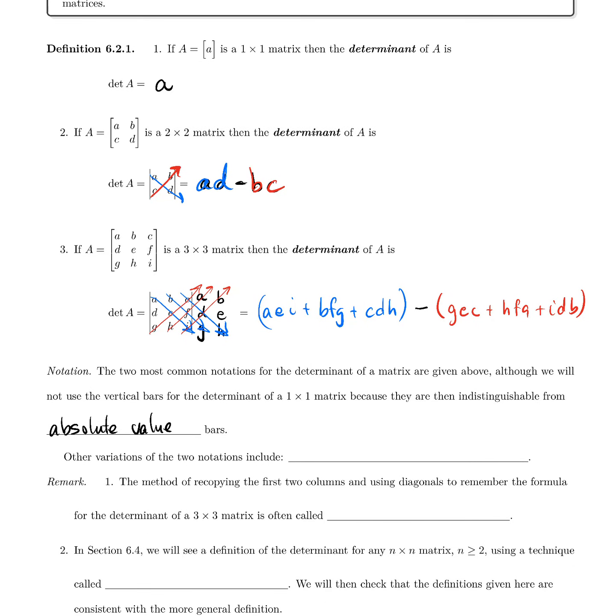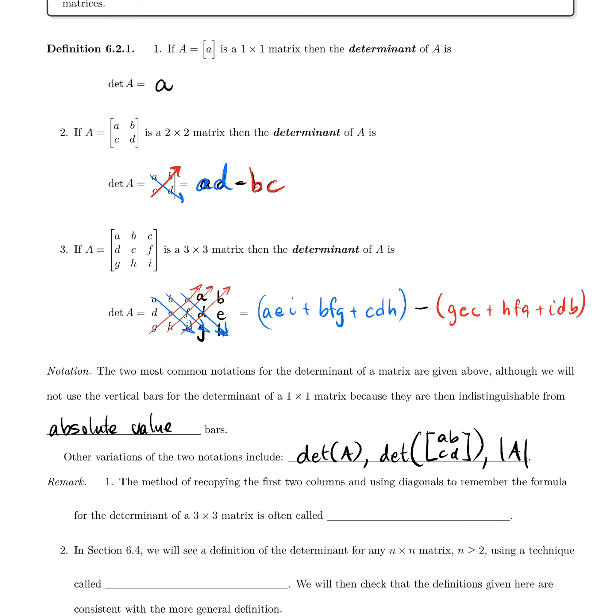Other variations on this notation include sometimes people put det of bracket A, parentheses A. Sometimes they'll put the whole matrix in the bracket, so det of A, B, C, D if we have a 2 by 2. And sometimes they'll use the vertical bars around the name of the matrix.